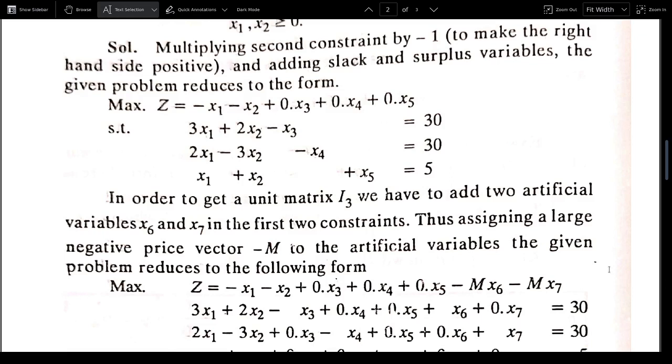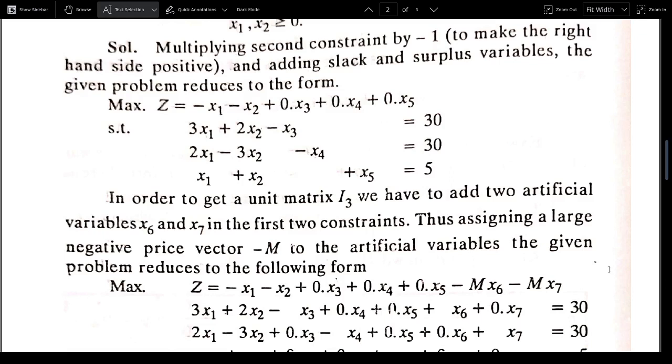Then the second is twice x1 plus 3x2 minus x4, where again this is a surplus variable, equal to 30. Then x1 plus x2 less than or equal to 5, where you use a slack variable, x5.